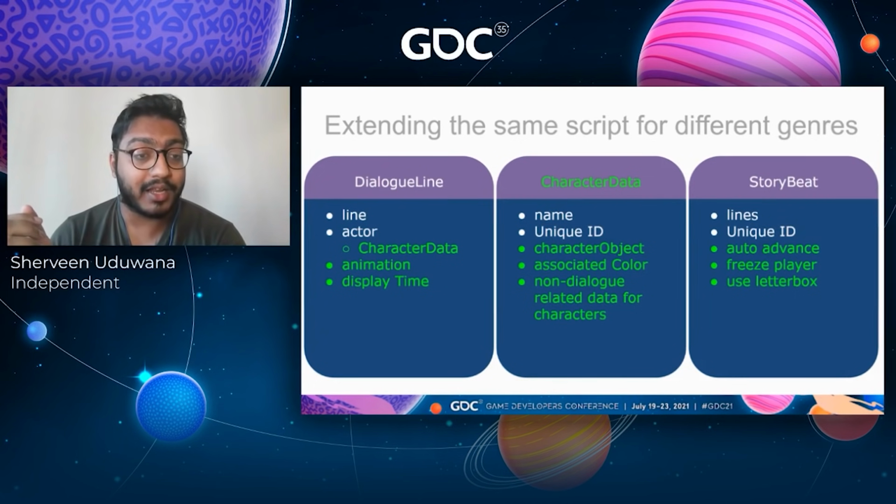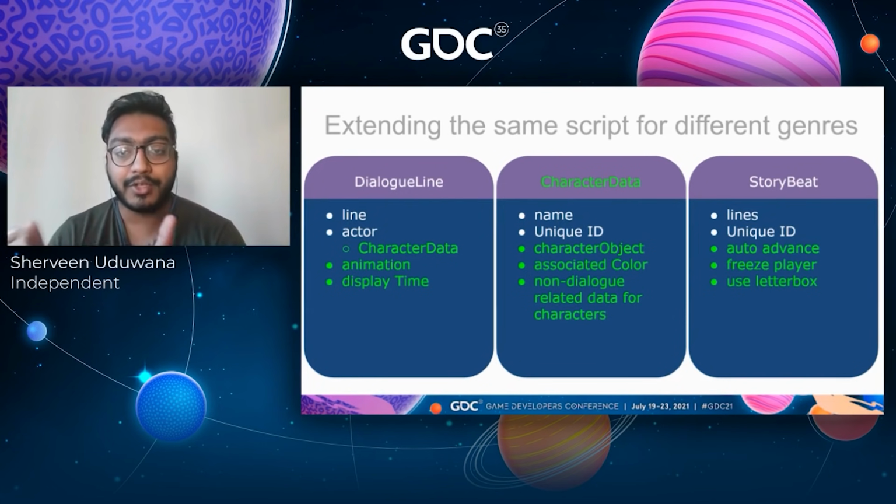The dialogue line now has a reference to the character data instead of the actor. It also added a thing for animation or display time, right? So now these dialogue lines can play an animation at the same time, or they have a reference to it, and I can control how long that line appears when that speech bubble appears.